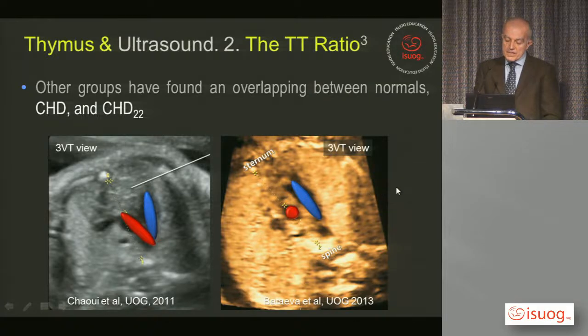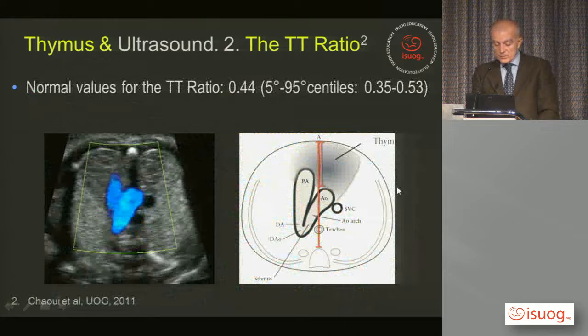So this may have been one of the reasons why the performance of the TT ratio was not the same.